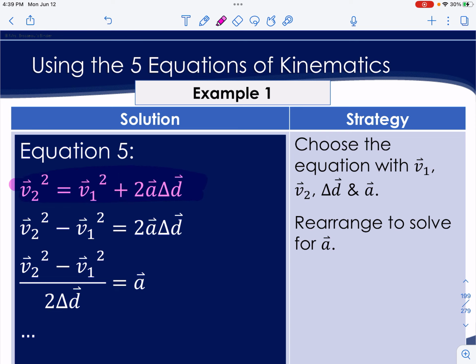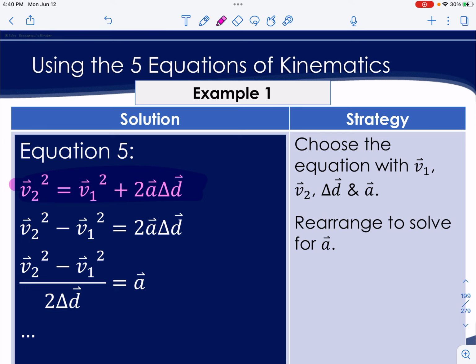And so now we plug in the values now that we know. You can do it one of 2 ways. You can plug in the values here and then solve for the acceleration. Or you can manipulate this equation to solve for A, and that's what they did here.